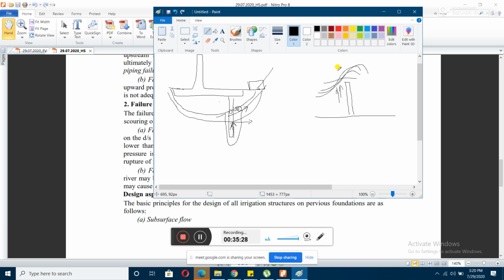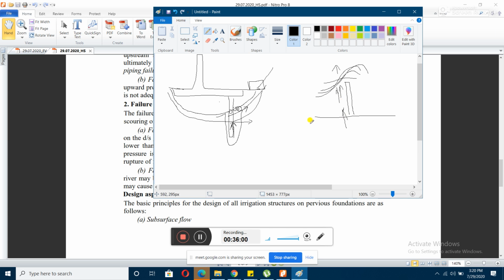There is already a force acting upwards, that is the uplift pressure I have already told, and also due to this hydraulic jump there is a force acting upwards. So this uplift force as well as the hydraulic jump force, that vertical force is known as suction force, and this adds on to your uplift pressure and adds to the instability of the structure.